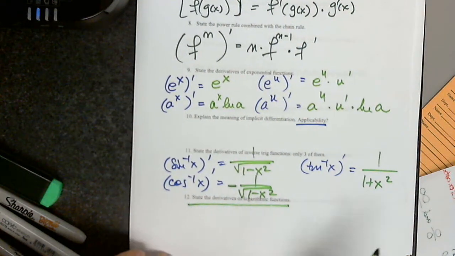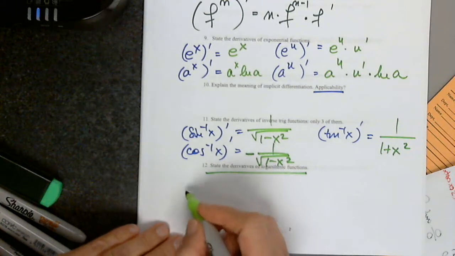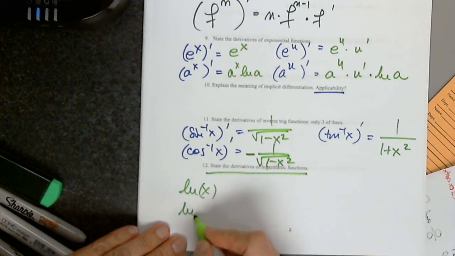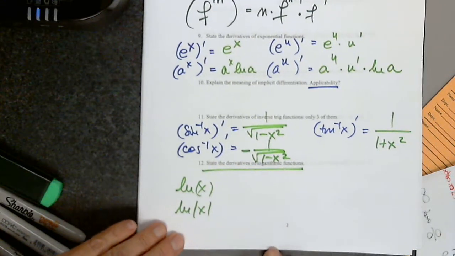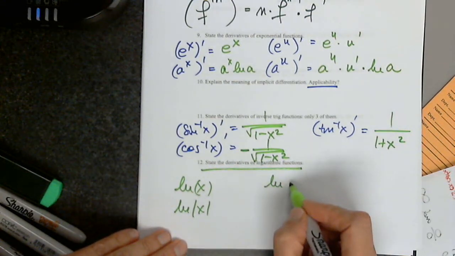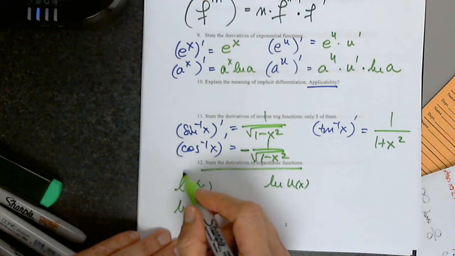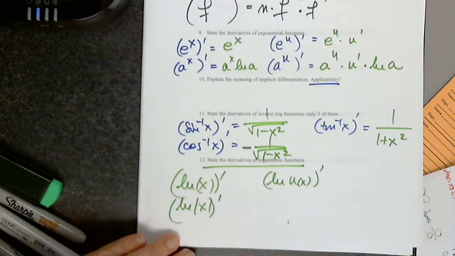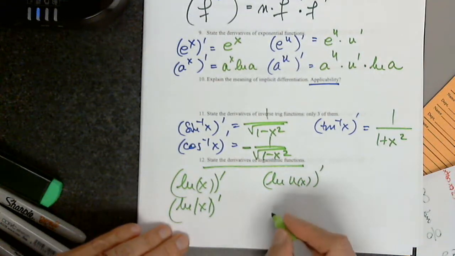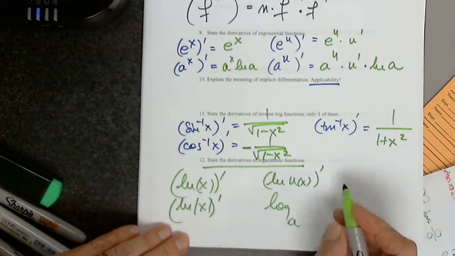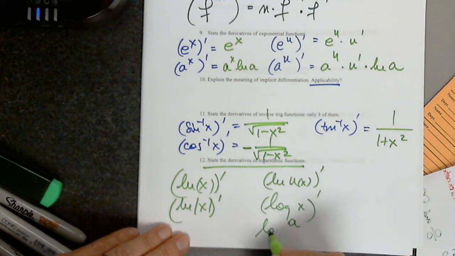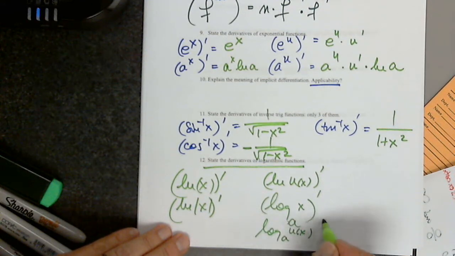State derivatives of log functions. So we want natural log x. We want natural log of the absolute value of x. We want natural log of a function u of x, all these prime. And we also want log base a of x and log base a of u of x prime.